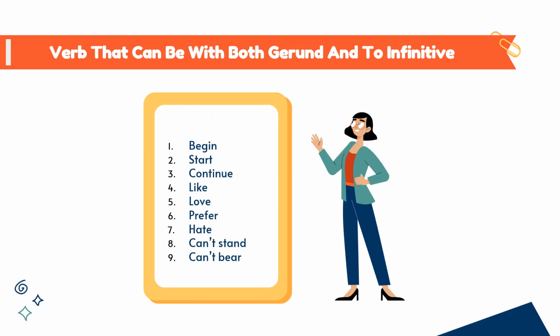And the last, these are some verbs that can be used both before gerund or before to infinitive. They are begin, start, continue, like, love, hate, can't stand and can't bear. I'll give some example sentences. For example, it began to rain, and it began raining, have the same meaning and there is no mistake in both sentences.